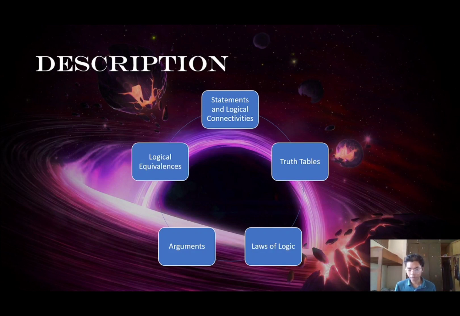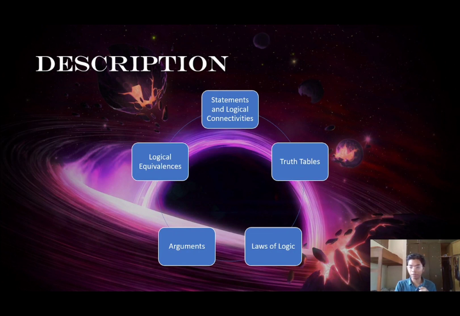So we have the upside down V, or conjunction, which is considered an "and". We have the V, which is called disjunction, and it is considered an "or". We have a squiggly line, which is considered negation, or "not".